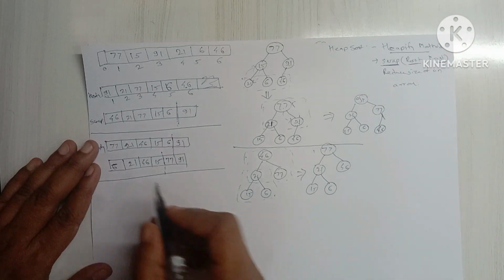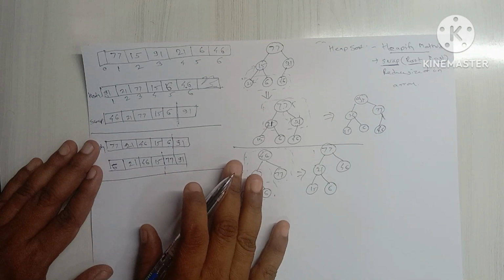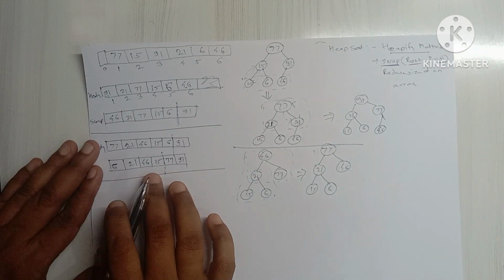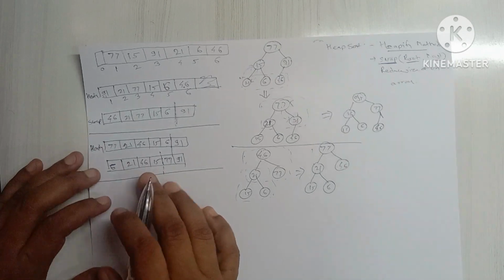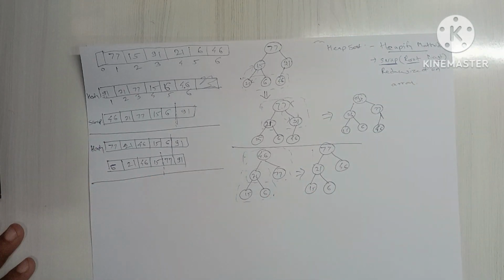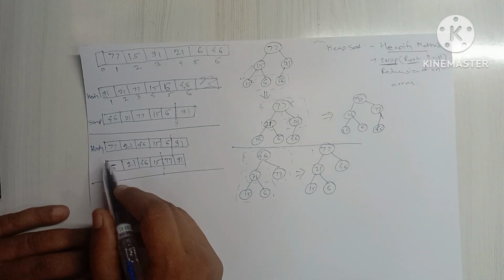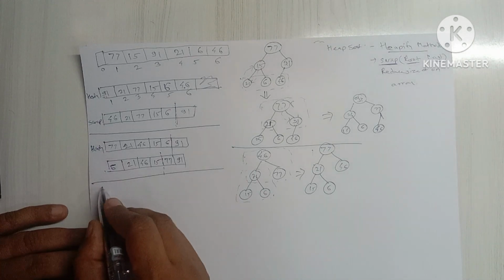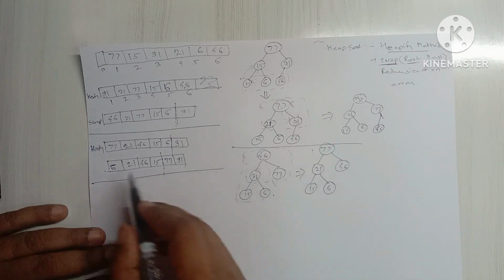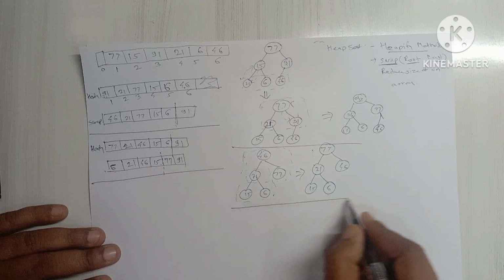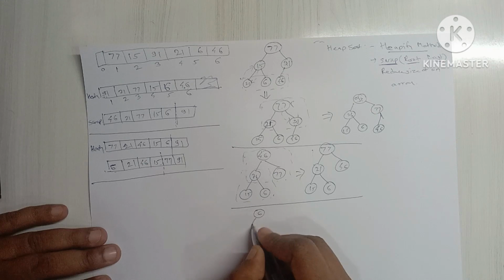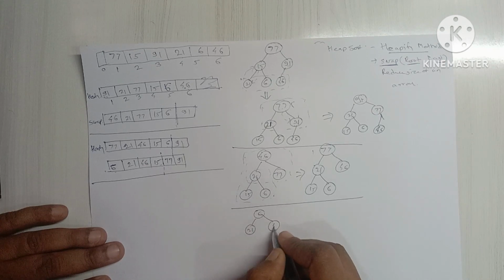Now in the third step, all elements not sorted yet. So what we will do in the third step, we need to again perform these two steps. First of all, we will perform Heapify and then we will swap. So apply Heapify method on this. Okay, so what is this tree in this next? 6, 21, 46.